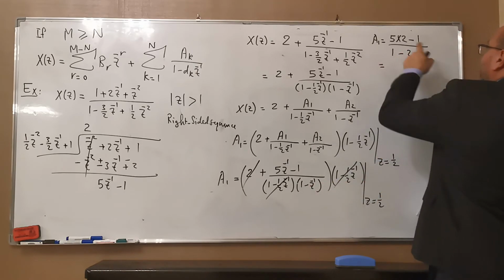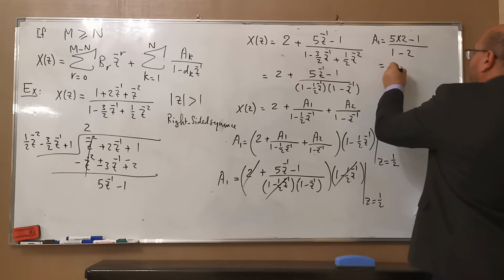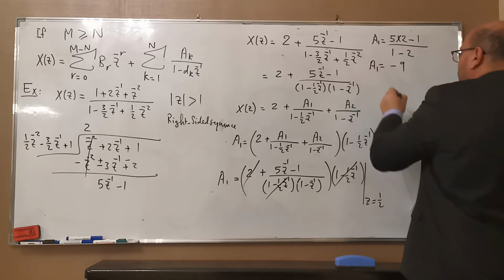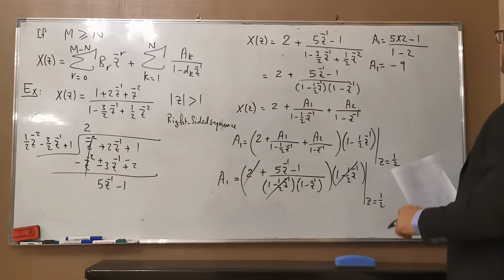So this equals 10 minus 1, 9, divided by minus 1, so this is minus 9. So A1 is equal to minus 9.